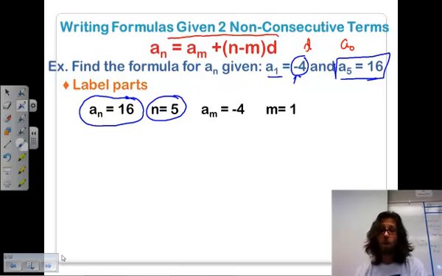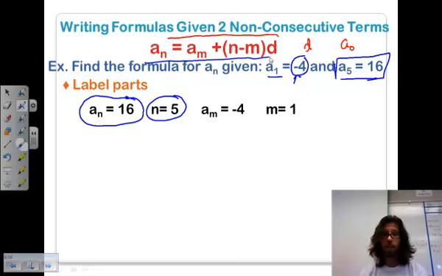In which case, all we really need to do now is plug those values into the formula that we were given right here. So basically, we're just determining that a sub n comes after m, and we're defining these values.